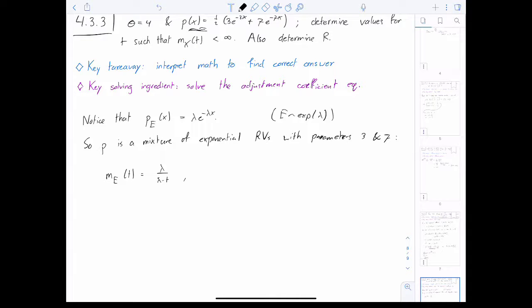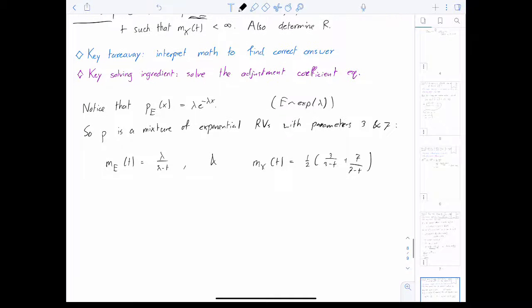This is for one exponential, and for our X, which is the mixture of two exponentials, it will simply be 1/2 times the sum of these two, where lambda is now replaced by 3 and 7 respectively.